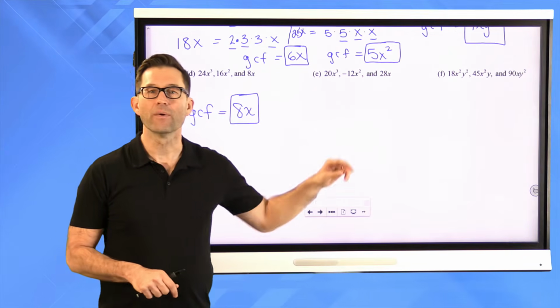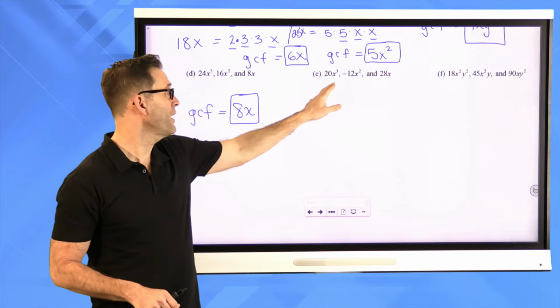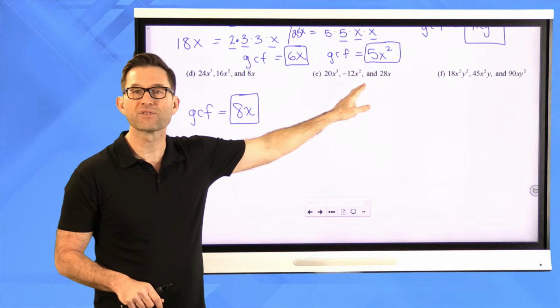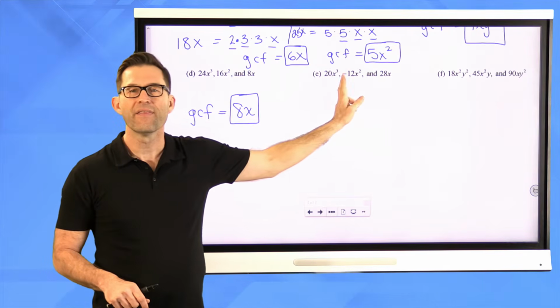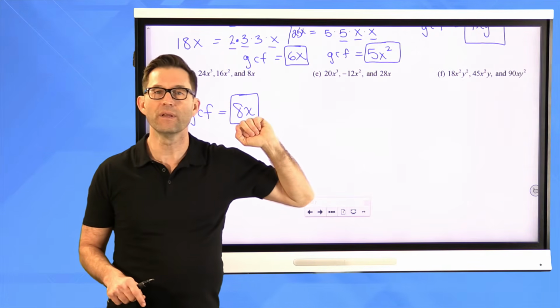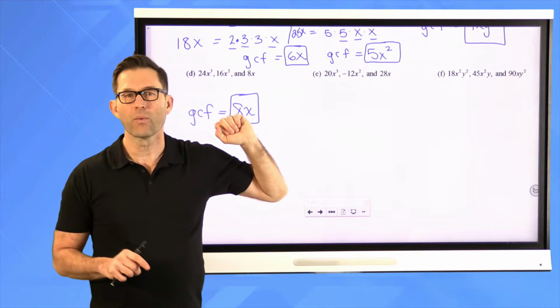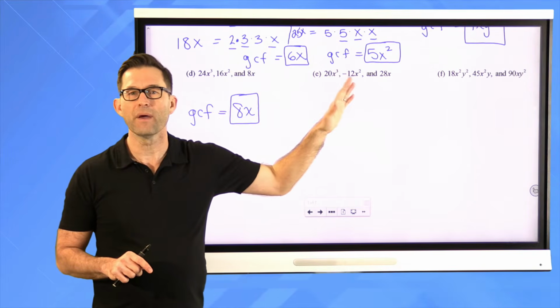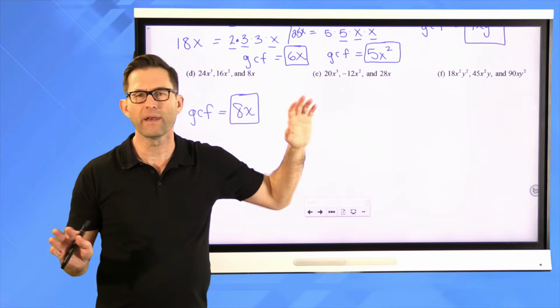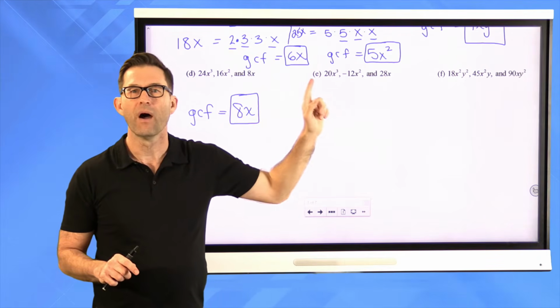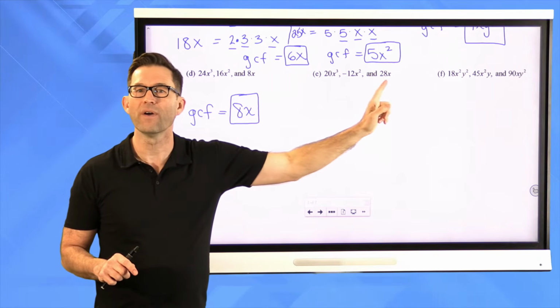All right, so in letter E, we've got 20x to the third, negative 12x squared, and 28x. That negative attached to the 12 is really no big deal, all right? There will be a problem later on in this lesson where maybe I want to take the negative into account, but for right now, I don't need to really worry about it. I've got 20, negative 12, and 28.